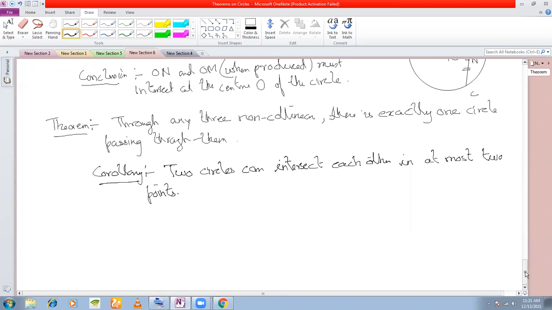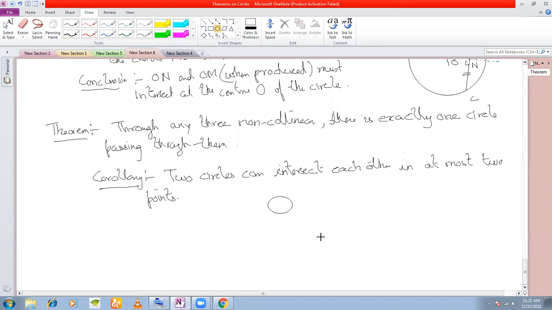So if I give you two circles, then they can intersect each other at most 2 points. 2 points of intersection of the circles, right?